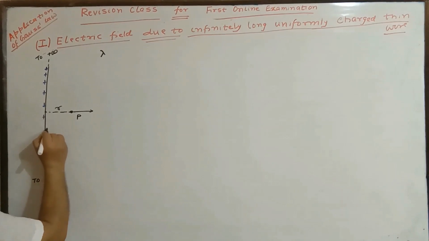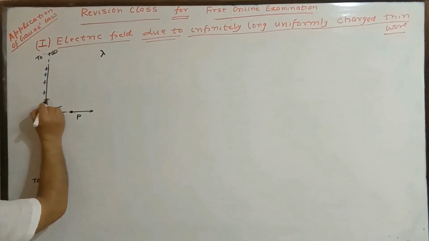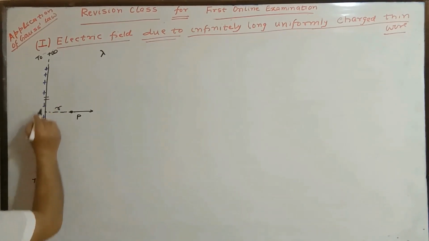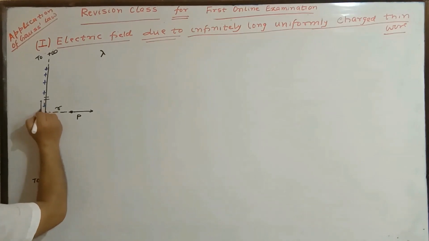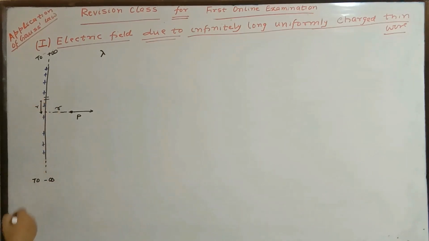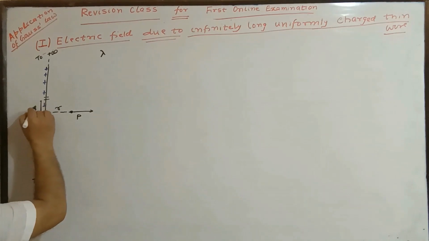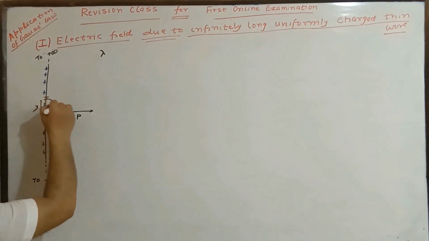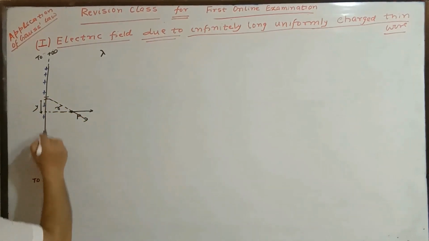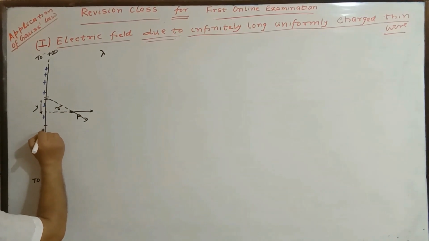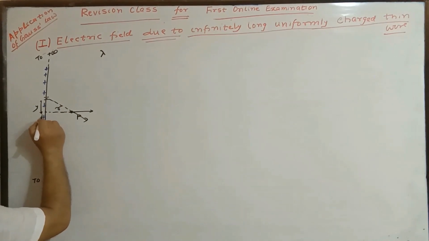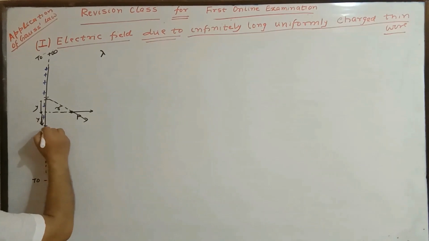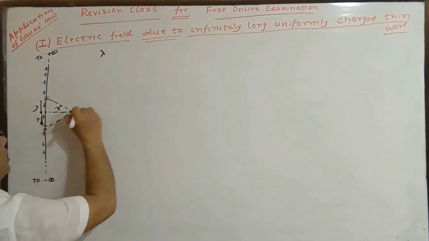If we are going to prove this, suppose we take a section of the wire at a distance y in the upward direction, and look at the electric field due to it in this direction. At the same distance y in the downward direction, we see the electric field due to that section in this direction.